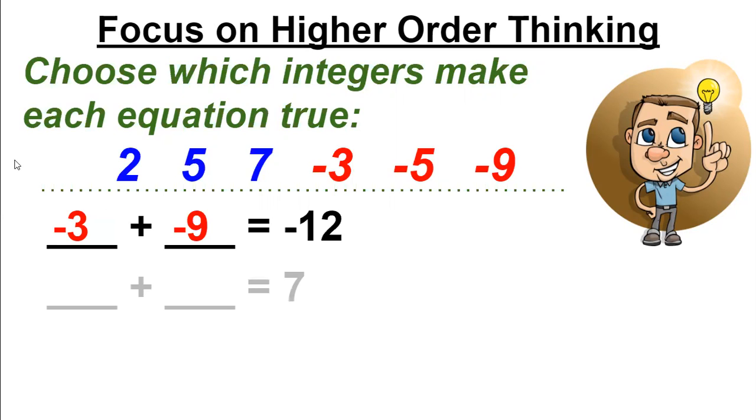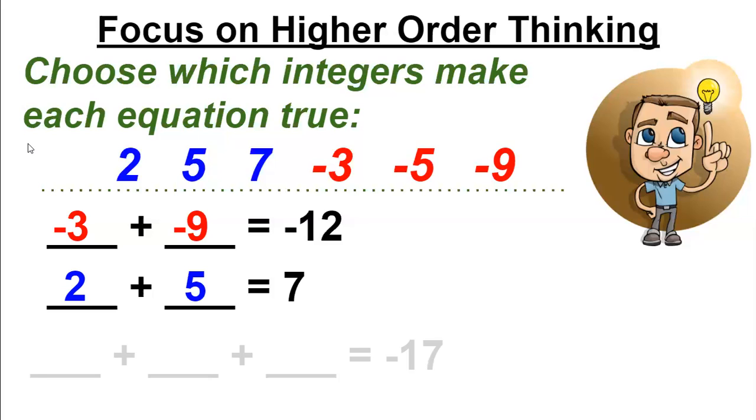Altogether, you owe somebody $12, so it's negative. Try another one. What two numbers can I put there to get an answer of 7? That one should be easy. Did you say 2 plus 5? 2 plus 5 equals 7. Good. How about this one? 3 numbers this time. What 3 numbers above can you put in the blanks to get to -17? Think about that one for a second.